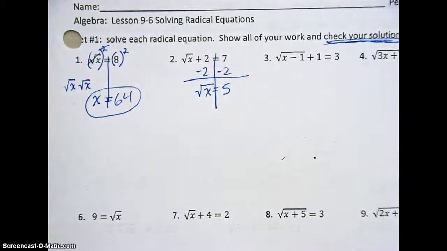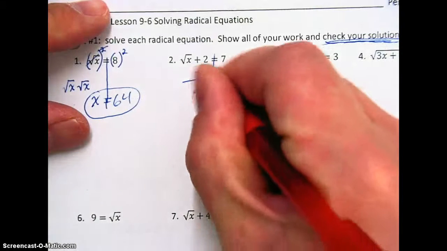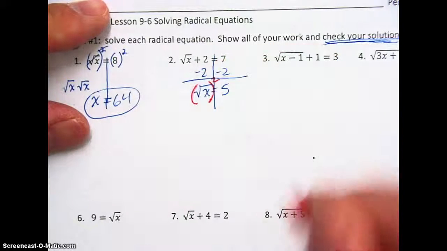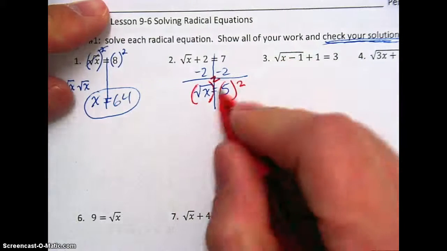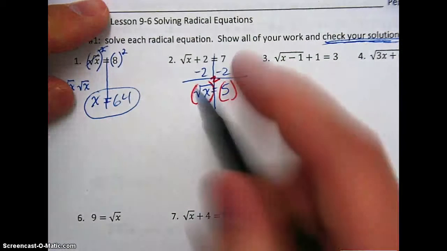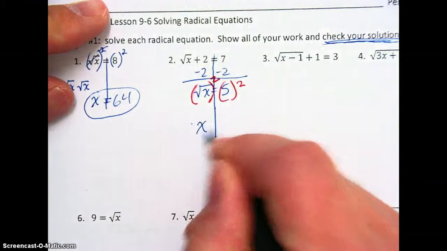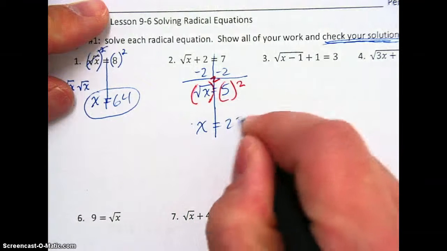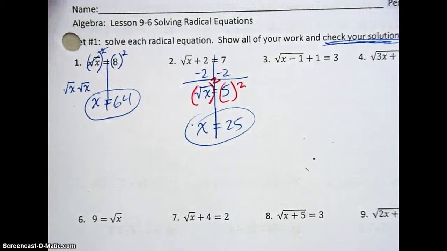Square it, yeah. We square both sides. Square that, and we square that. So now you're left with what on this side? X. What's over here? 25. Very good. I want everyone to complete set 1 there, please.